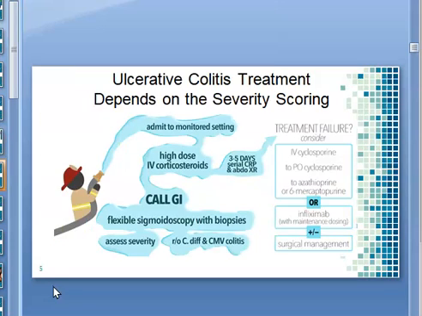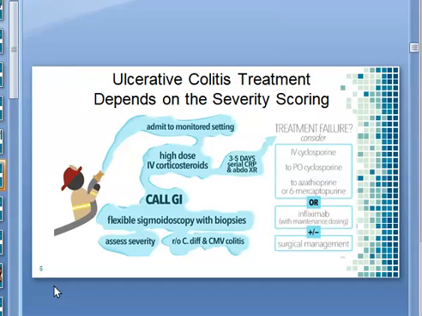The management of this disease, UC, depends on its severity. So the main objective is to measure the severity of ulcerative colitis, which in turn is based on the severity of the clinical symptoms, mainly the frequency and severity of bloody diarrhea, and the severity of the endoscopic findings, including edema and ulceration.